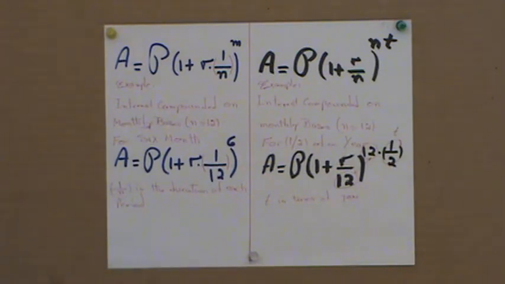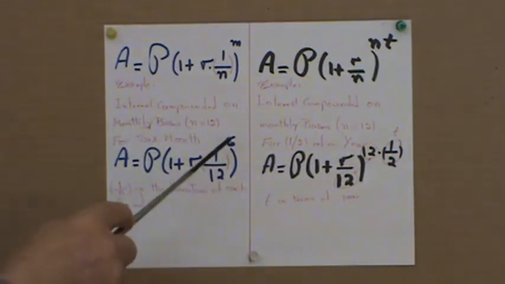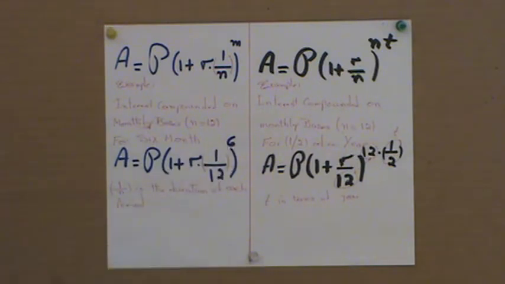Nothing wrong with that. So this is what you use, the formula, to find out how much, in fact, that's the way the bank does. They use this formula to find out how much they have to pay you. So this 6 stands for, as we just went through, the first time, then the second time, then the third month, at the end of the third month, at the end of the fourth, at the end of the fifth, and at the end of the 6th month. That's what 6 stands for.